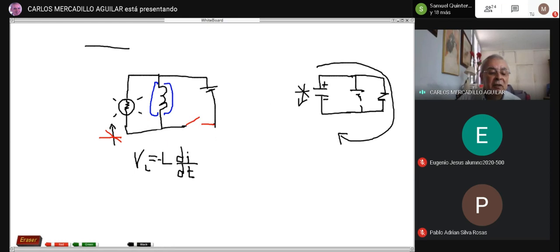There will be another, I will put in blue. Cannot go here because it is open. So it will go here. But this goes here because it has an electromotive force induced. The induced electromotive force I will represent as another battery that will go in this direction.